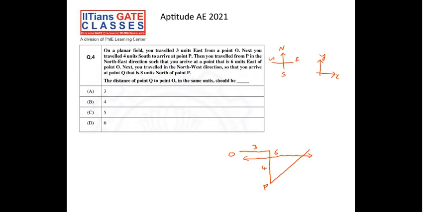Then I travel in the northwest direction. Northeast was over here. Northwest is over here. So travel this way and I reach a point which is 8 units away from point P.